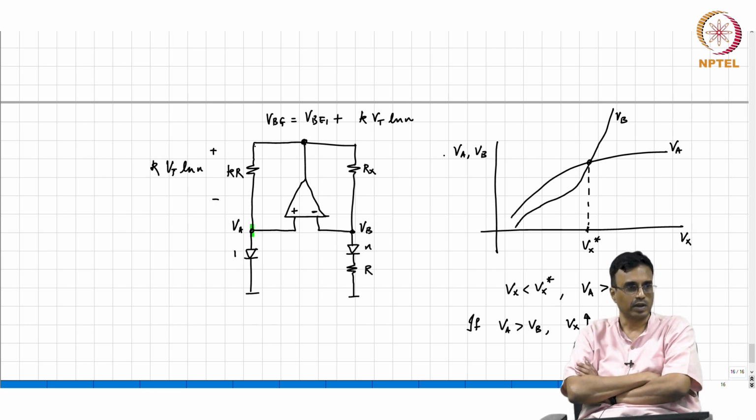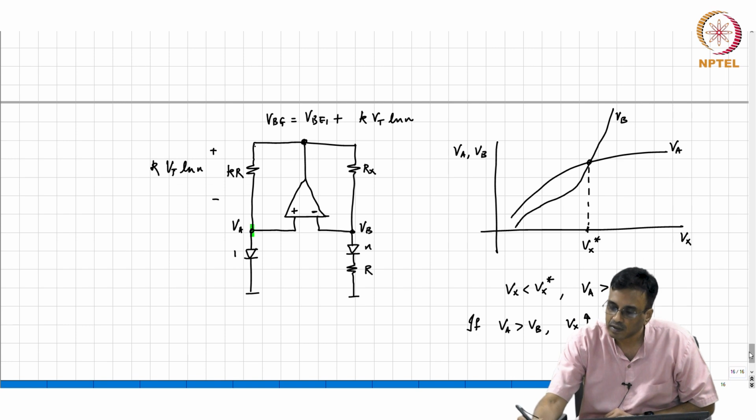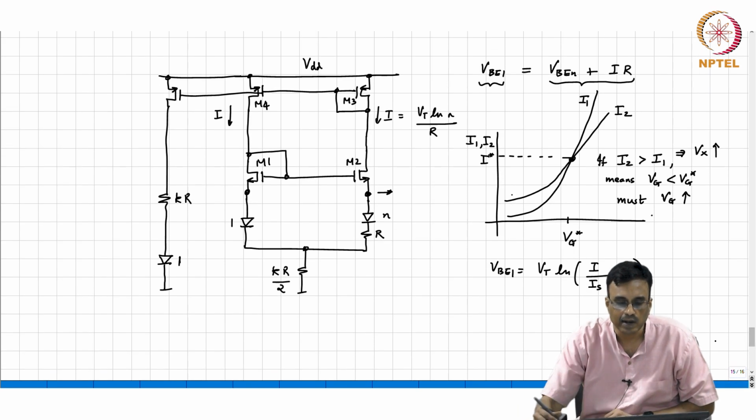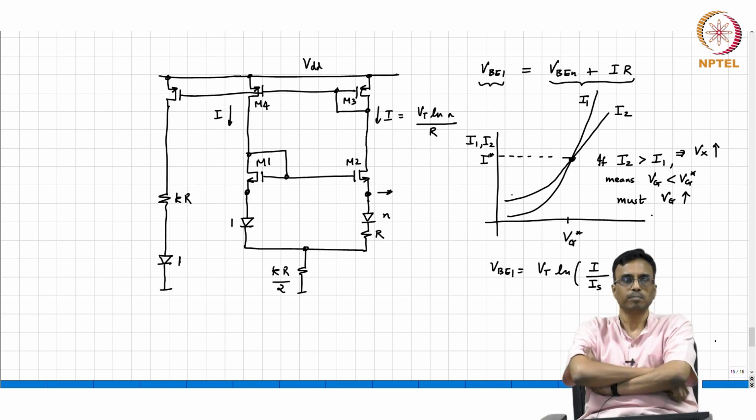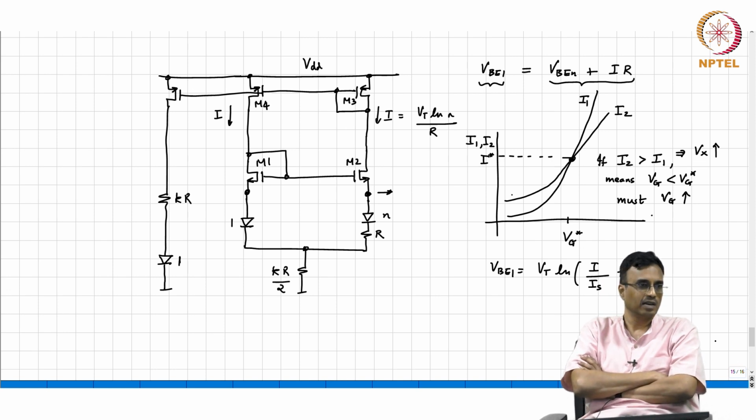And once you figure out the principle, you can see that this variant looks very different from the op amp based variant, right? But the basic principle is the same.